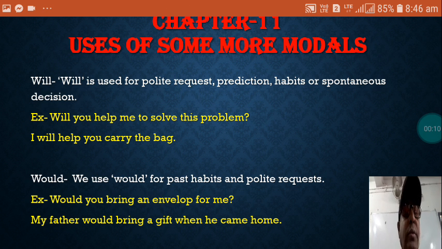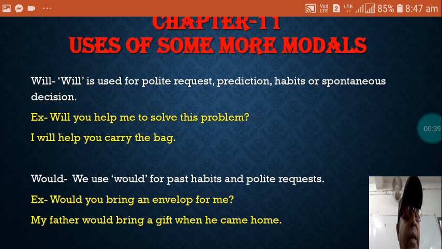Here we are going to continue the modals, usage of modals. In the last video session, I discussed some of the modals and their uses, and in this video also I am going to discuss some more modals and their uses, and at last I will explain the exercises related to that given in your book.